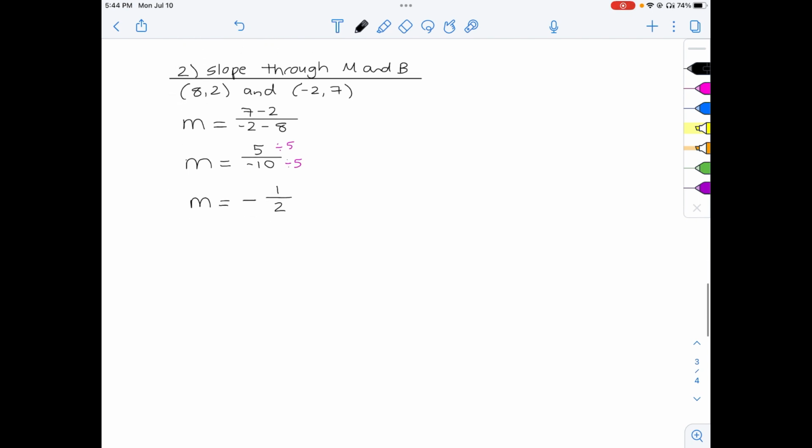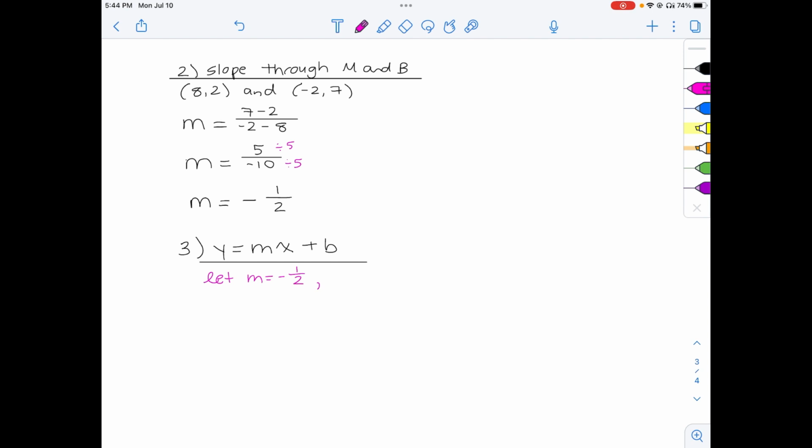The last step here is going to be calculating the actual equation of the line. So we're going to make a y equals mx plus b equation, and we are going to let m be -1/2. Then I can pick either of those coordinates for my x and y.